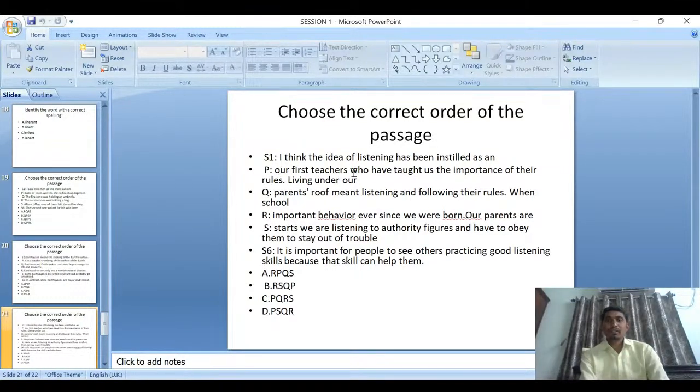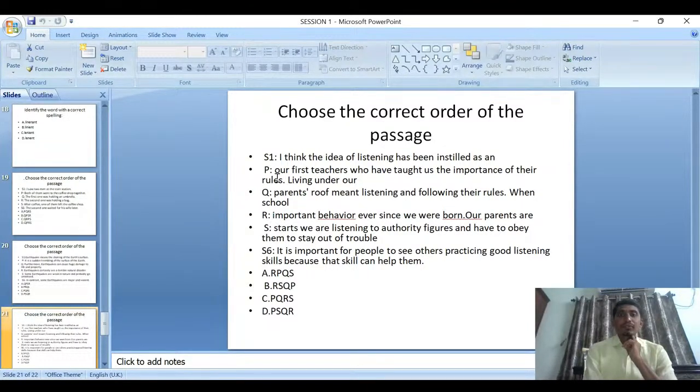P, our first teachers who have taught us the importance of their rules, living under our. If the statement ended with an article, an, we need to go through the next word. It should start with a vowel sound, right?